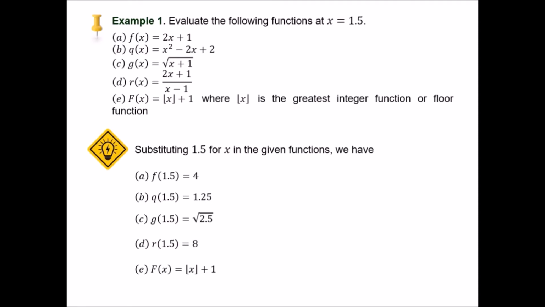So, for this example, substituting 1.5 for x, the floor function of 1.5 would be the greatest integer equal or less than 1.5, and that is 1. So the floor function of 1.5 gives us 1. 1 plus 1 gives us 2.